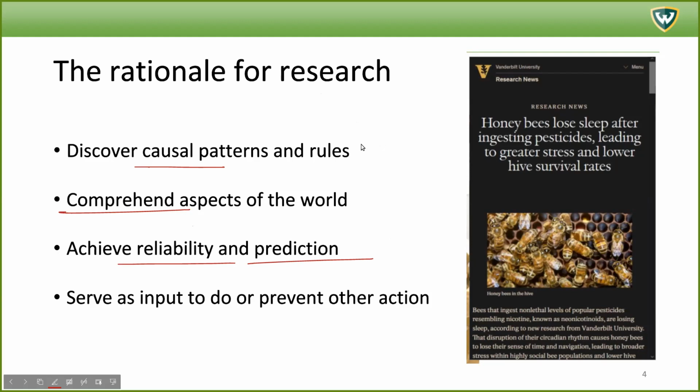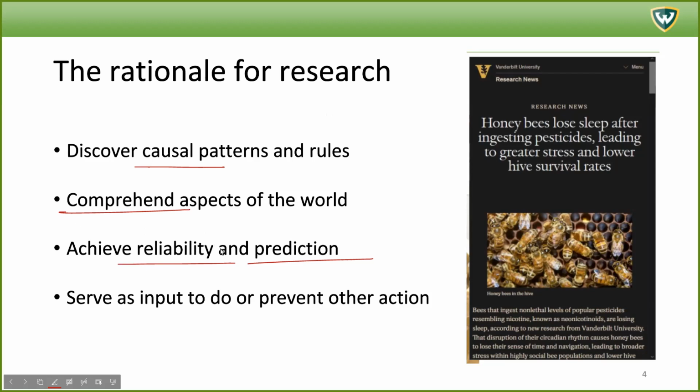We can just make up stuff that comes to our mind, and then that's it. However, when we need reliability, when we want to make sure that what we are investigating is actually going to happen tomorrow, we may want to do research, because research can bring that reliability.